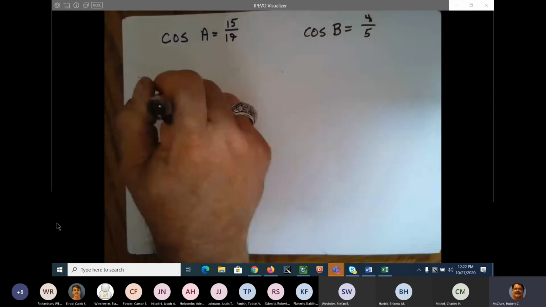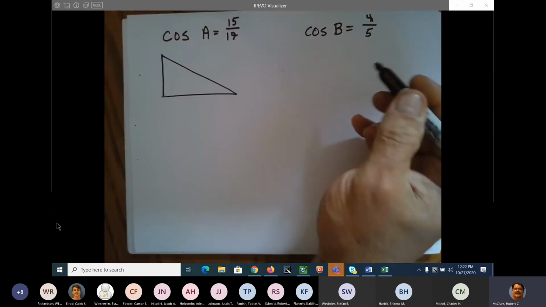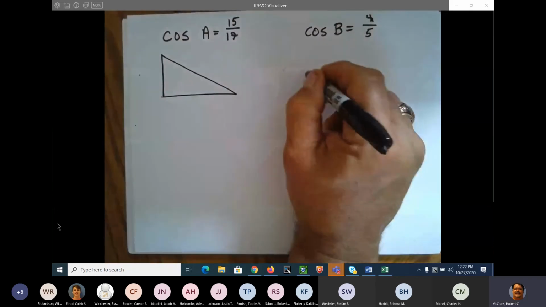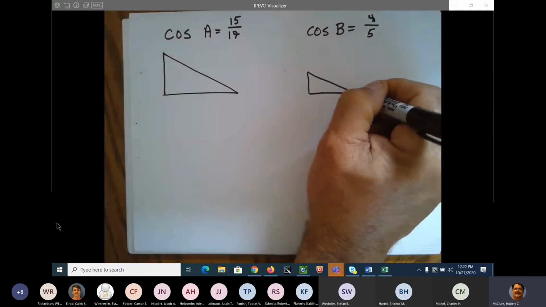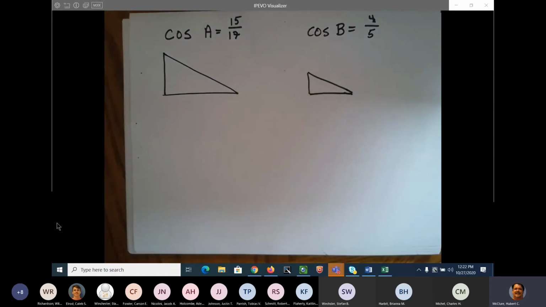So I'm going to draw a right triangle here, and I don't care about scale. This one's smaller, so I'll make it smaller, okay? What is the cosine? Opposite over adjacent. No, I'm sorry. Adjacent over hypotenuse.